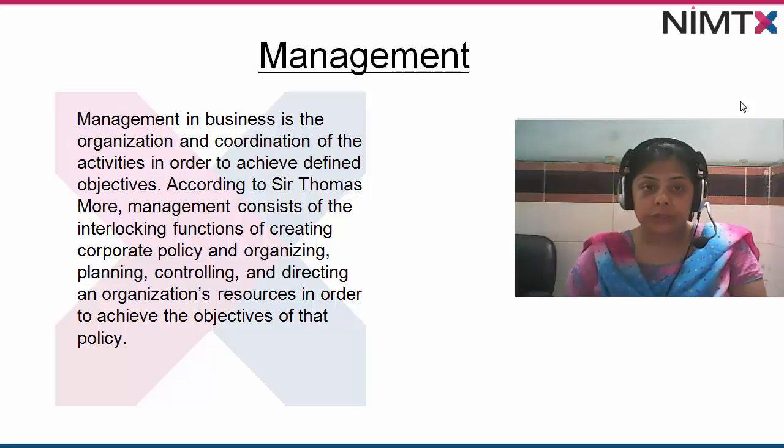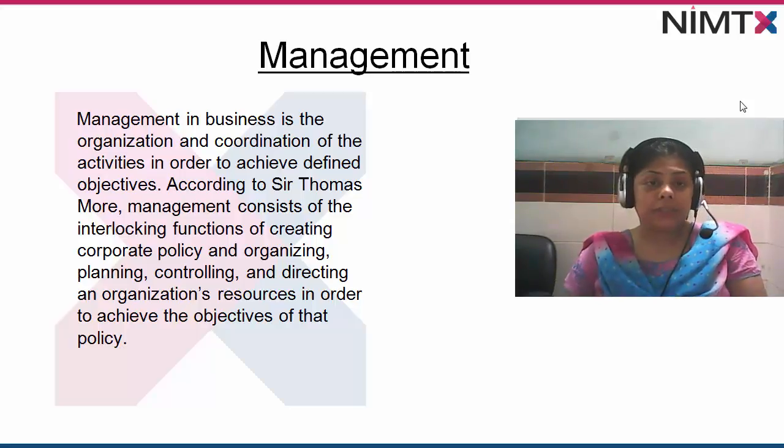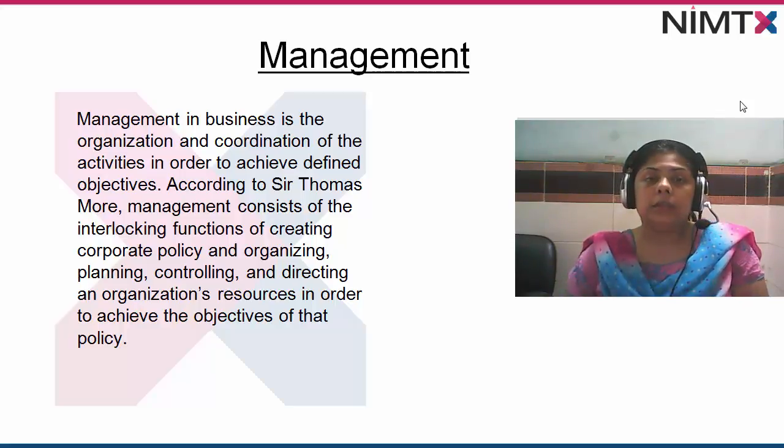Then comes management. Management is, in business, the organization and coordination of activities in order to achieve defined objectives. So what is management? The term management is given to the senior employees, the CEO, the senior managers in the business, who organize and coordinate the activities.